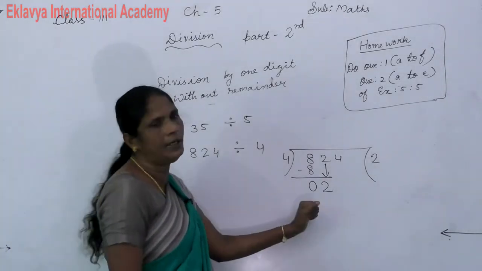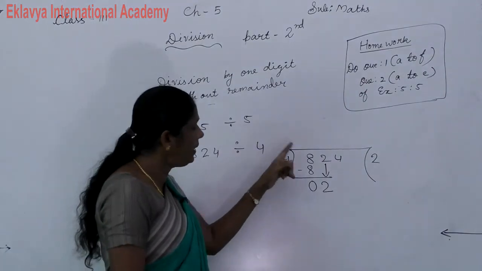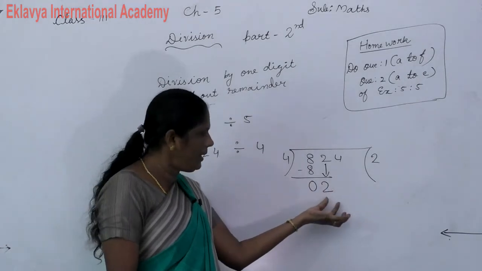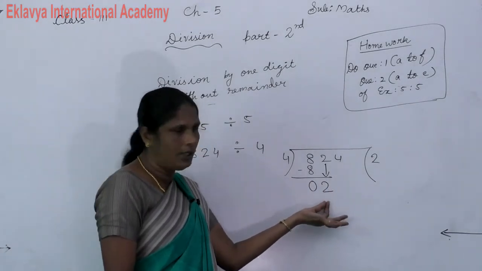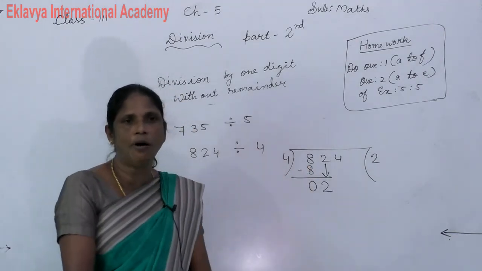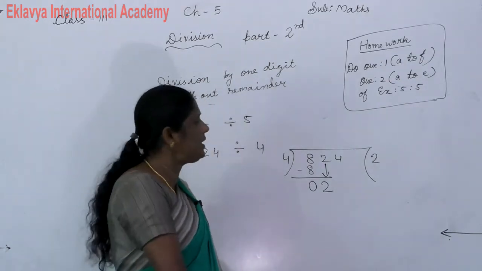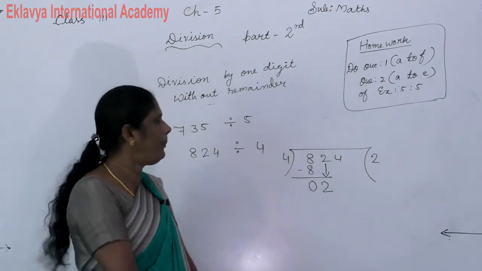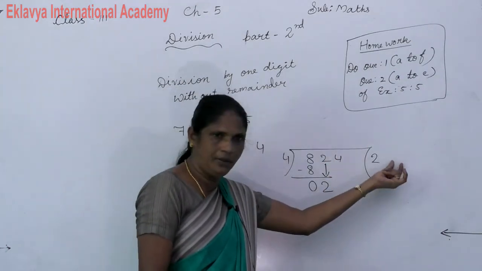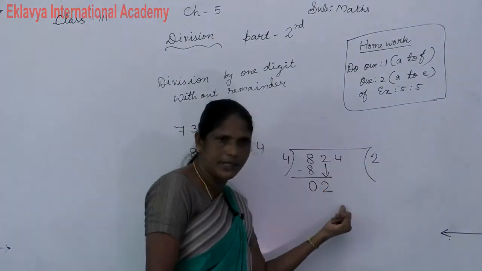Now look here. Table of 4, how many times go into 2? Our number is smaller, our divisor is bigger. How many times gone? They cannot go. In this situation we first put a 0 in the quotient and the next number comes downside.